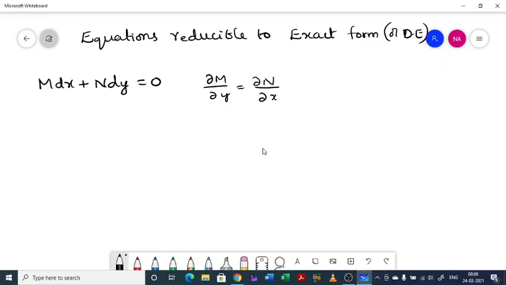First, let us discuss the steps required to solve problems on equations reducible to exact form.